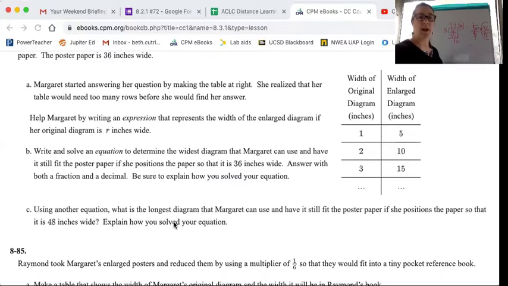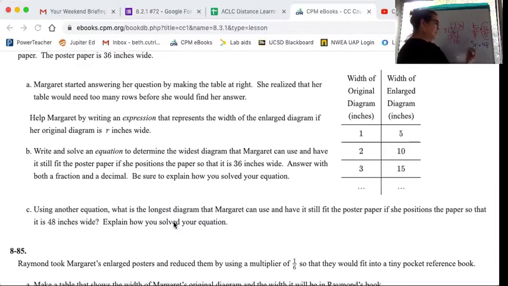C says, using another equation, what is the longest diagram that she can use to still fit the paper if she positions it so it's 48 inches wide? So instead of 36, we're going to do 48. Same equation and same steps. The same enlargement ratio. 5 times the original is going to have to equal 48 or less.